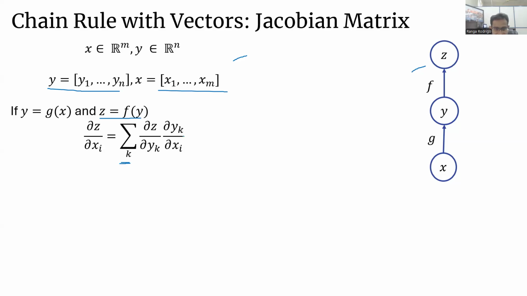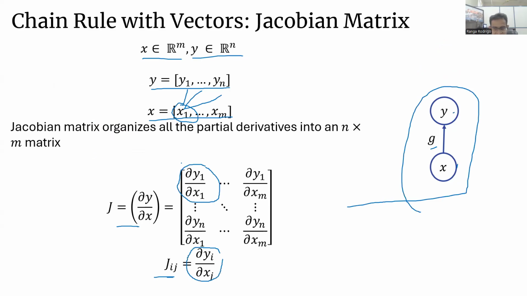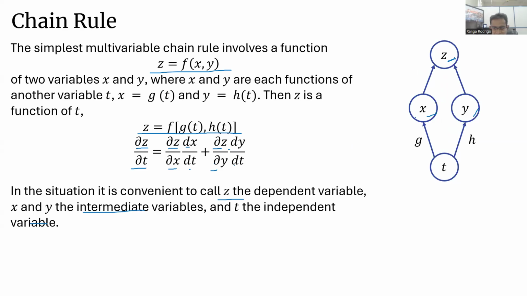Add over the y's to find the partial derivative of z with respect to xi, right? You have to add over the y's. We saw that in this one also, because we have to add over these quantities. This layer, add over this layer. See, x1 and y, we have to add.